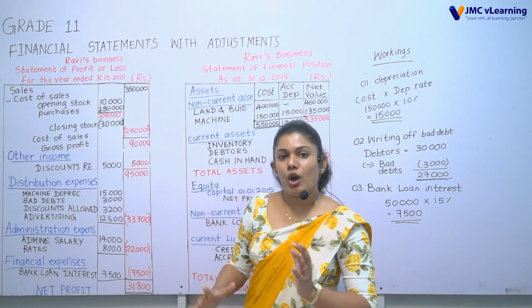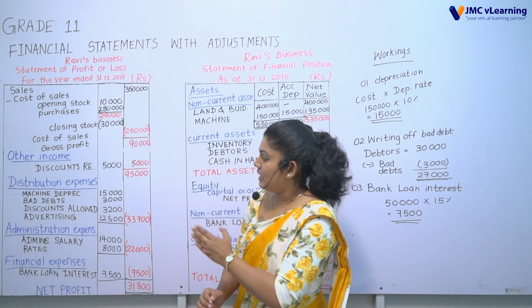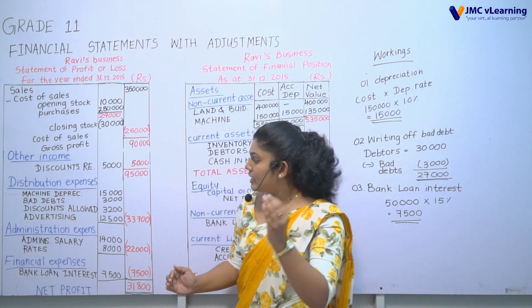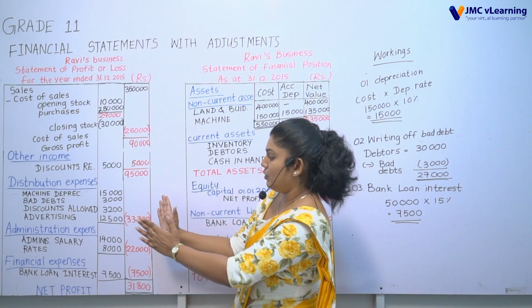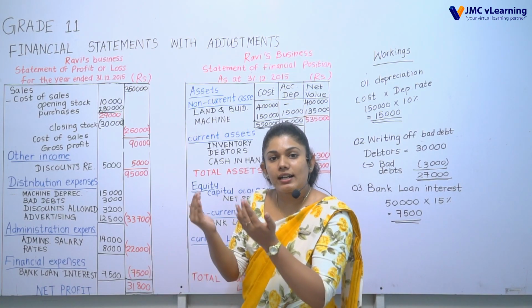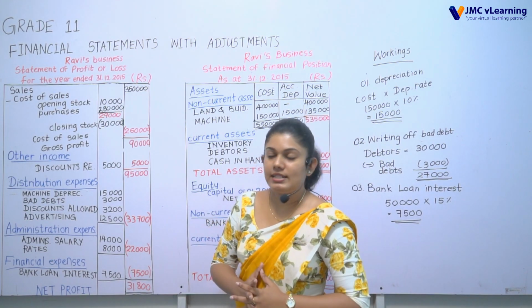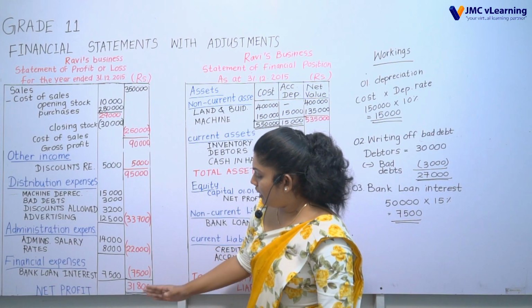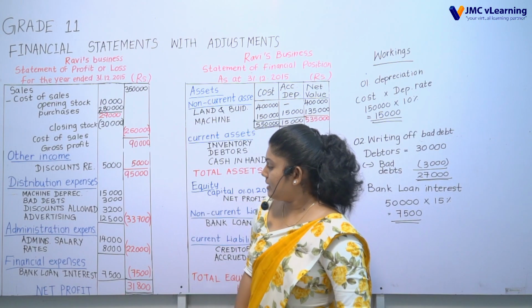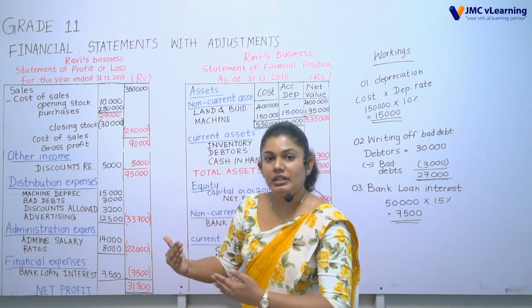One competency of this lesson is to identify these expenses for separate segments. That means you have to identify distribution expenses under distribution, administration expenses under administration. That classification is also a competency level in this lesson. Therefore, finally you have to show net profit very clearly with correct figures, and you have to put brackets for the things you deduct.